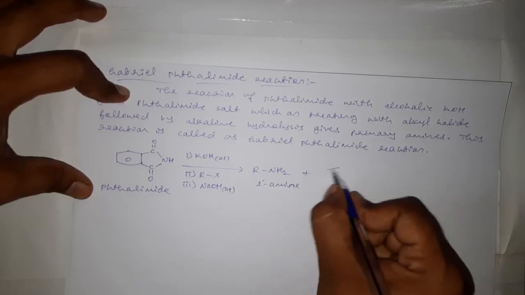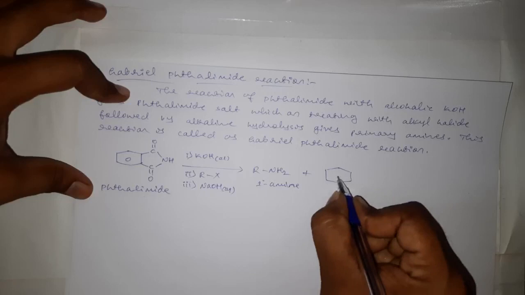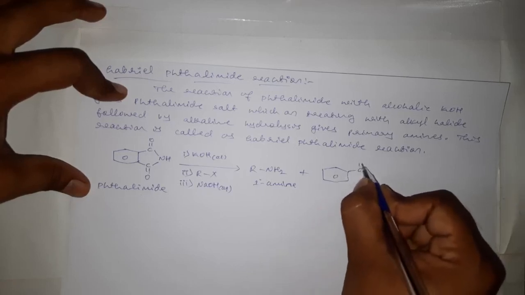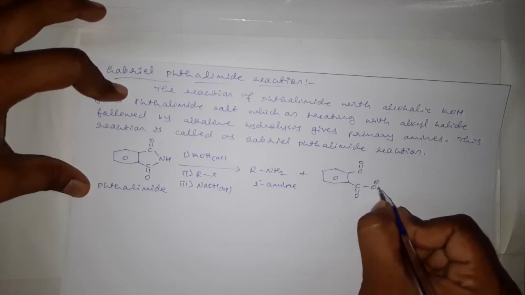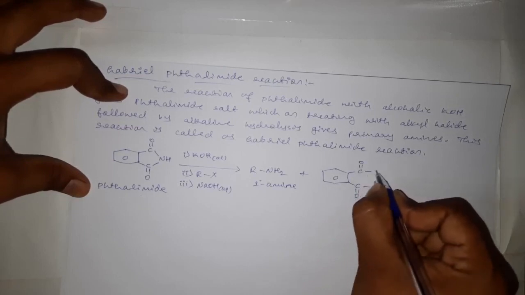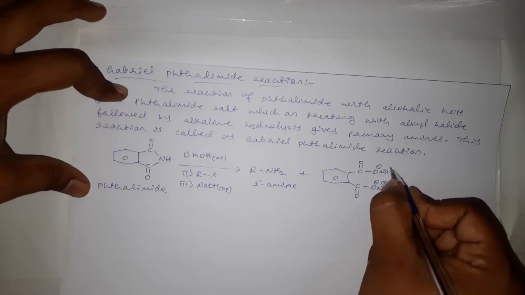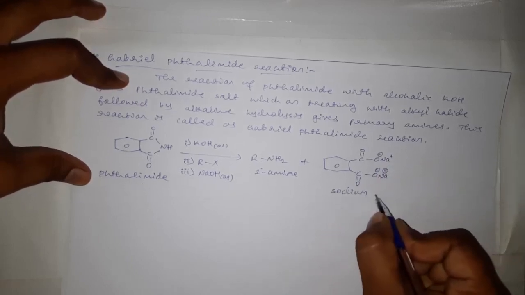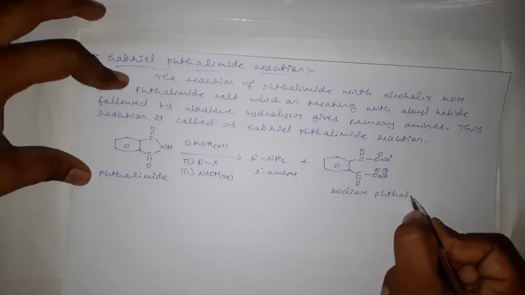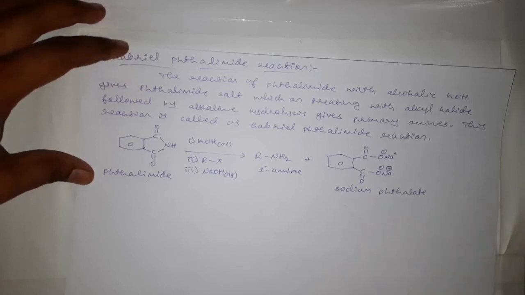and here we are getting C double bond O, O minus Na plus, O minus Na plus. This is what? Sodium phthalate as a byproduct.